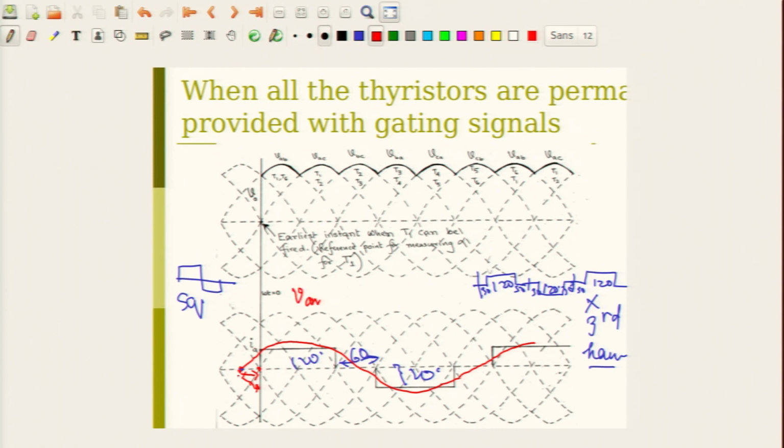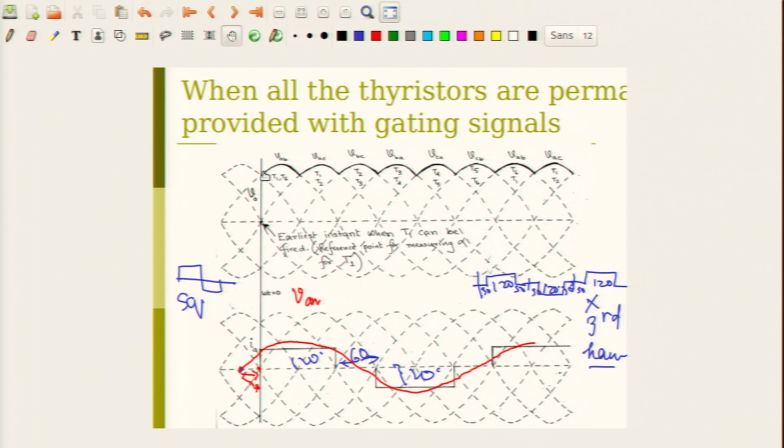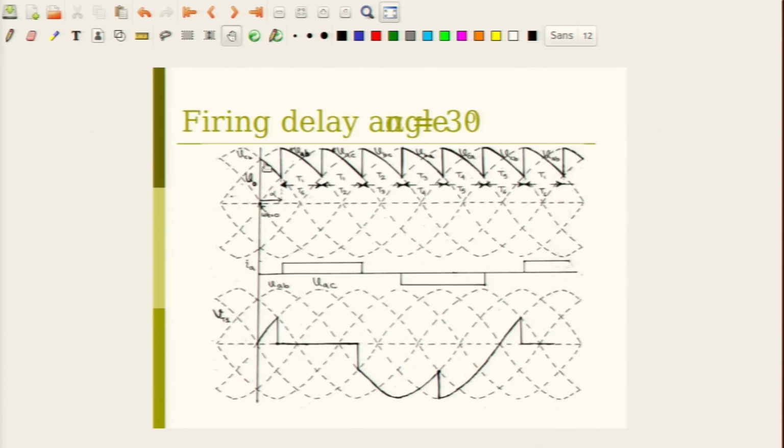So, the fundamental component of IA is in phase with VAN. Okay. Now, in case you give a delay, like you delay the firing by 30 degrees, that is you have given instead of firing at this point as in the previous waveform. So, if you go to the previous waveform, it is fired here, now it is fired with a delay.